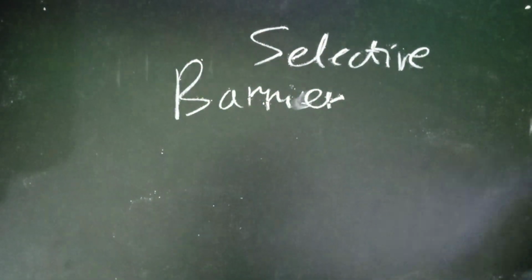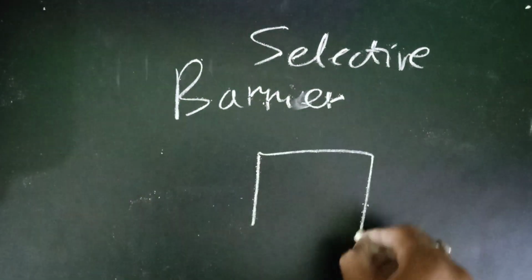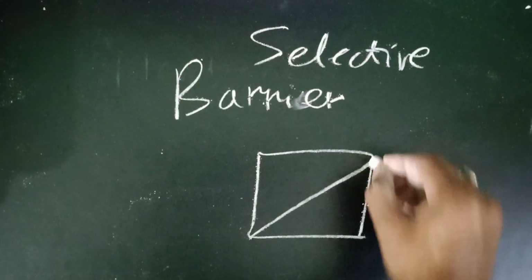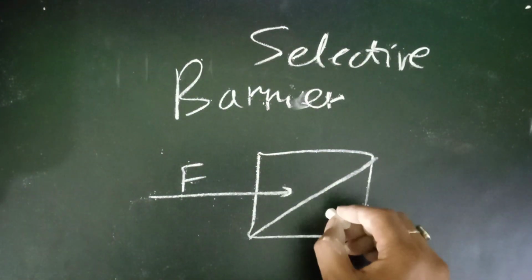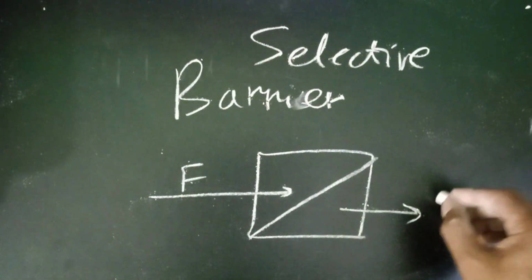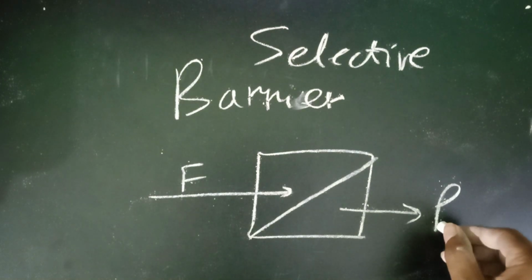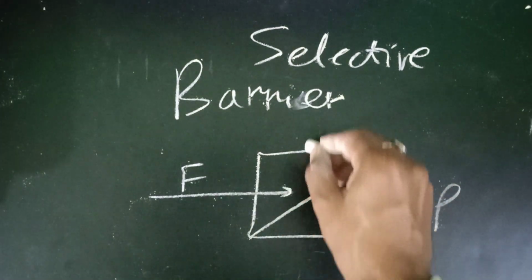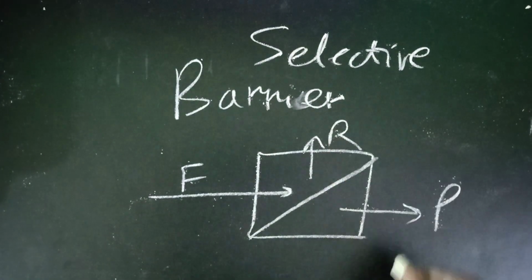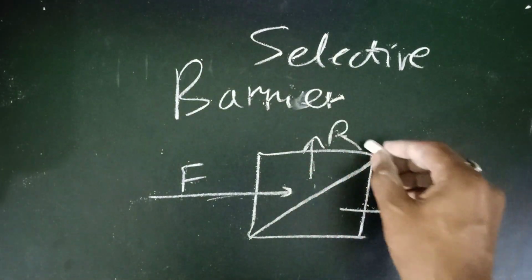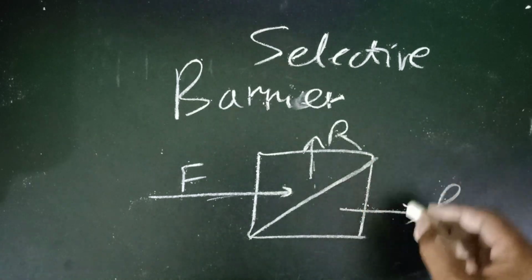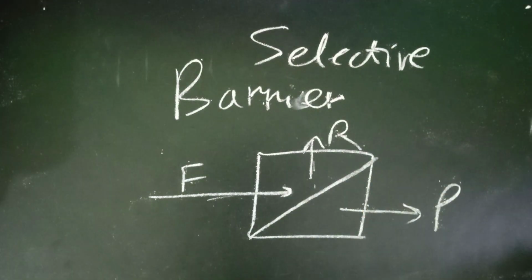This could be seen like this, where this is a membrane and feed is coming up here, and what goes out is permeate. So this is permeate, this is feed, and what is rejected is retentate. So feed goes, R comes out as rejection or retentate, and permeate goes out.